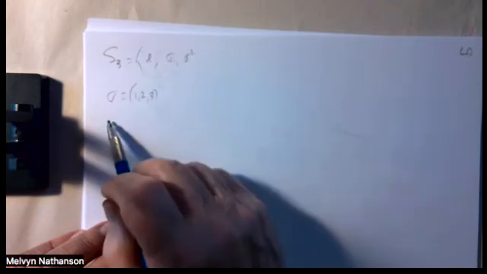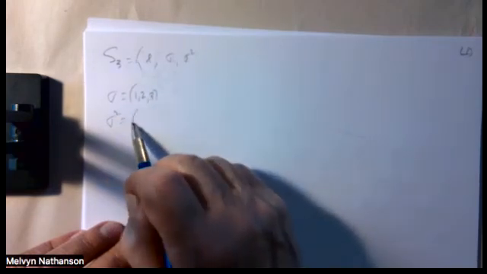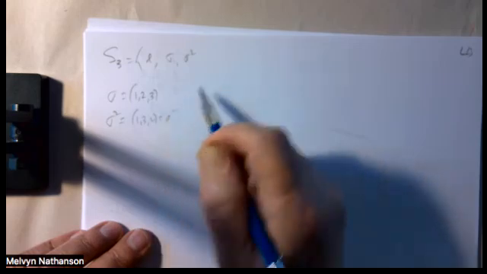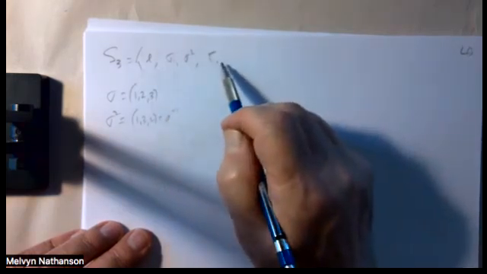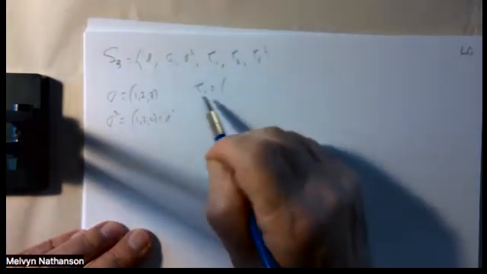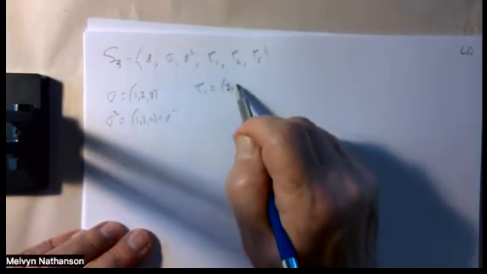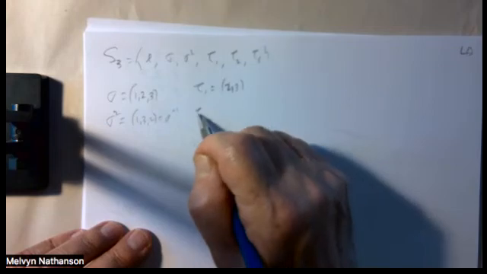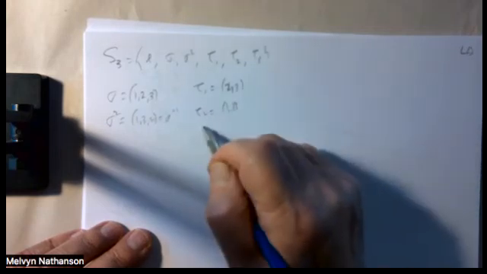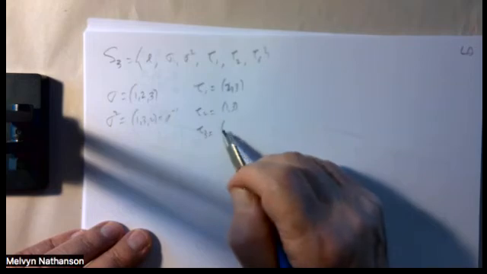The cycle 1, 2, 3, sigma squared, which is the cycle 1, 3, 2, which is also sigma inverse. And I have 3 transpositions, tau 1, tau 2, and tau 3. Tau 1 fixes 1 and switches 2 and 3. Tau 2 fixes 2 and interchanges 1 and 3. Tau 3 fixes 3 and interchanges 1 and 2.